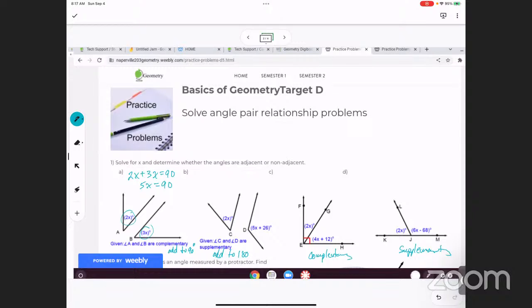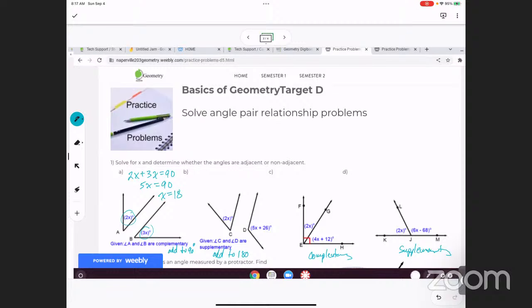So add the x's together, like terms, and then divide by 5. What's 90 divided by 5? 45? Or no, 18. 90 divided by 2 is 45. 90 divided by 5 is 18.